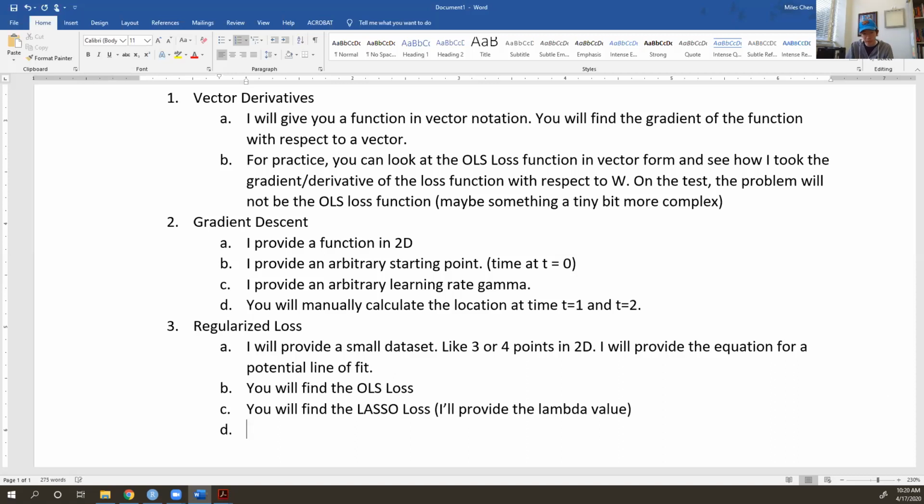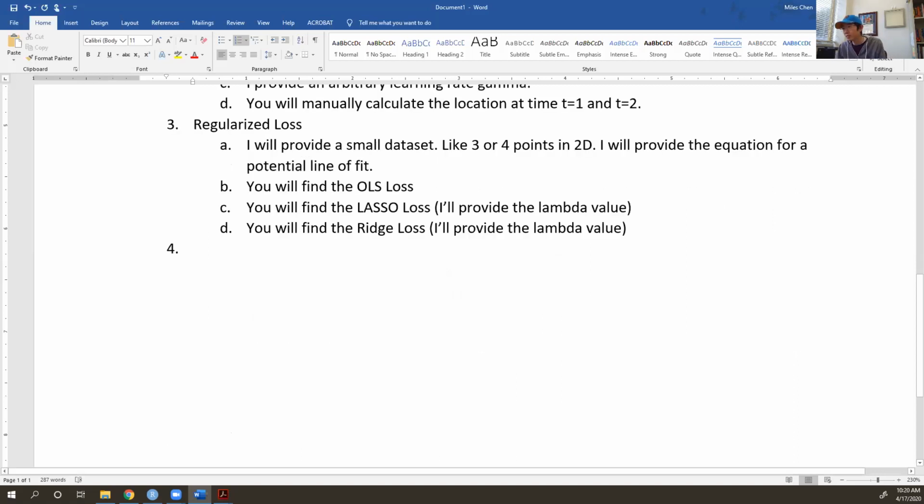And you will find the ridge regression loss, I'll just call this ridge loss, with the lambda value. So that should be easy, really easy. It's a matter of finding the OLS loss correctly.